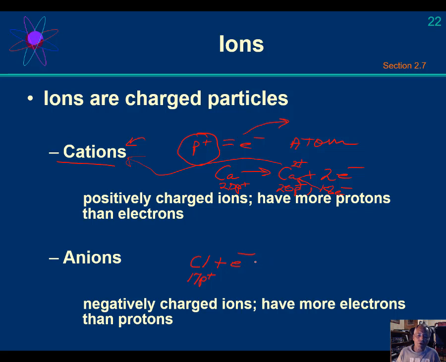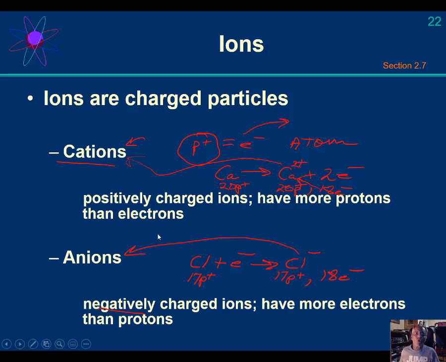But if it accepts an electron, then it becomes a chloride anion. It still has 17 protons in the nucleus because it's still chlorine, but it's got an extra electron, so it has 18 electrons. So anions are negatively charged species, and so the chloride ion would be an anion.